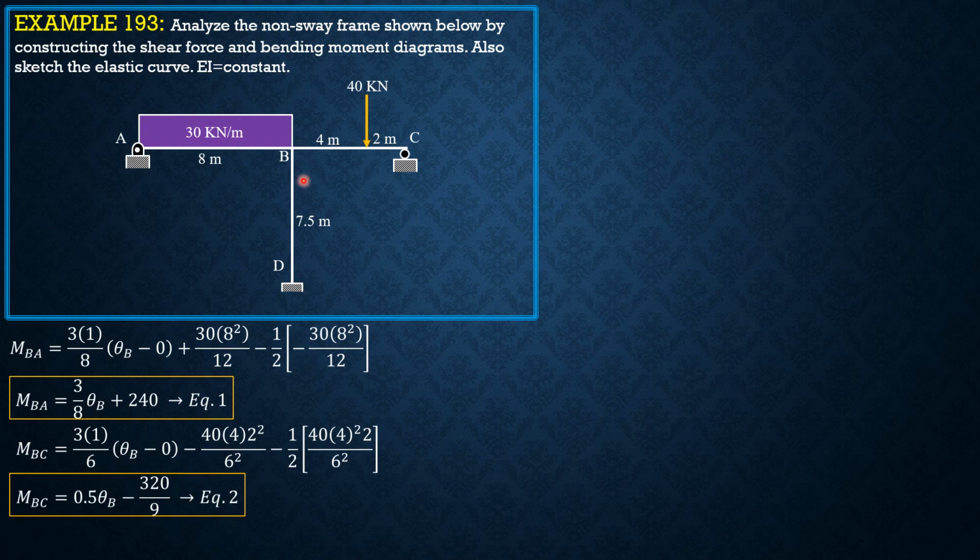Then MBD, the far end is fixed, so 2EI over L. 2 times 1 over 7.5, quantity 2 theta B plus theta D, which is 0, minus 3 times 0. Then there's no fixed moment since there's no load. So that's the moment at B, or moment BD.